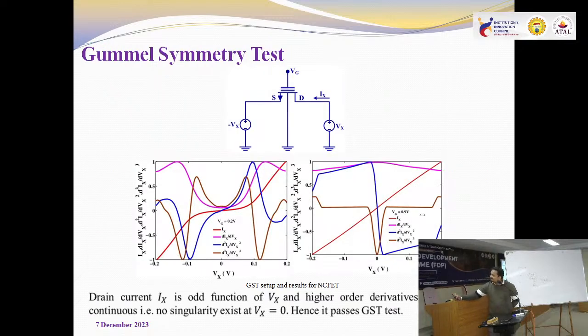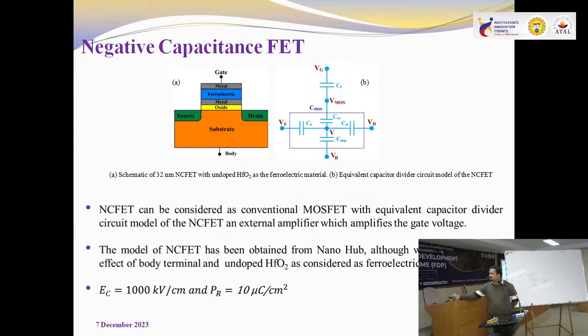The model for this NCFET we have taken from NanoHub, and we have done some calibration and modifications in order to incorporate undoped HfO2. No, a normal model was there, so we modified it for undoped HfO2.